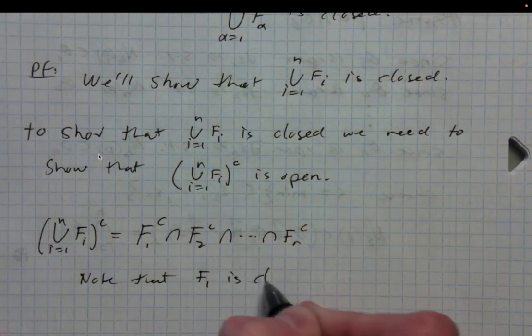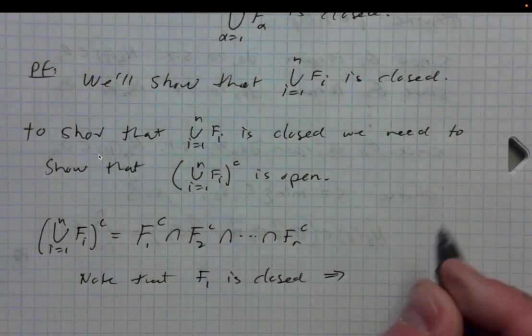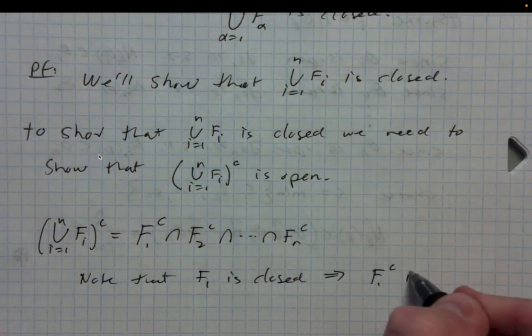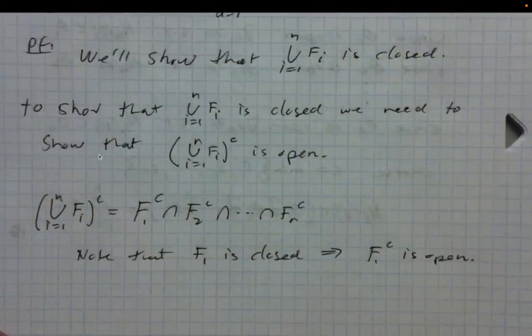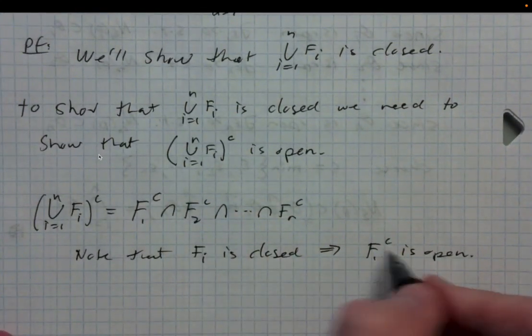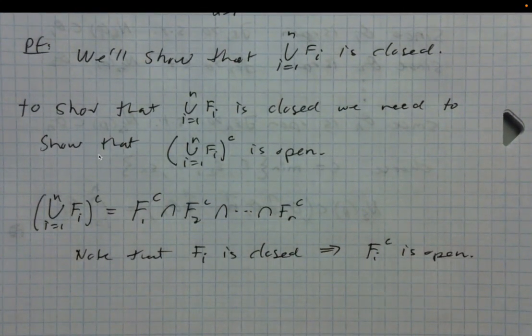Now notice F1 is closed, and that implies that F1 complement is open. And I'll just say Fi, really. For each of these, the assumption is that F sub i is closed, and therefore its complement must be open. So what is this?